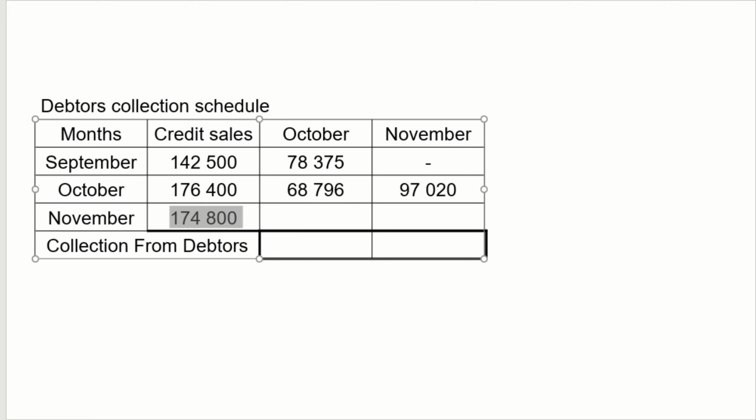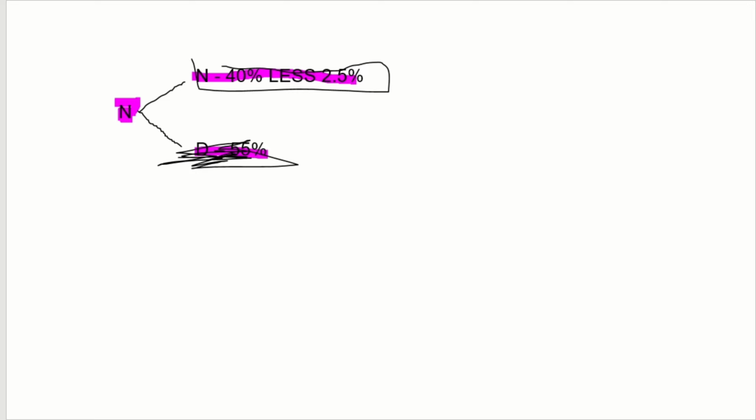We're gonna take those and multiply them by the 40% and actually account for the 2.5% discount. Okay, so this is what we're gonna do. We're gonna say the credit sales of 174,800 multiplied by what? Multiplied by 40%, right? And what we then do is account for the discount.